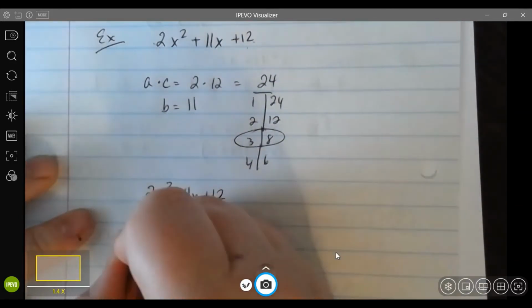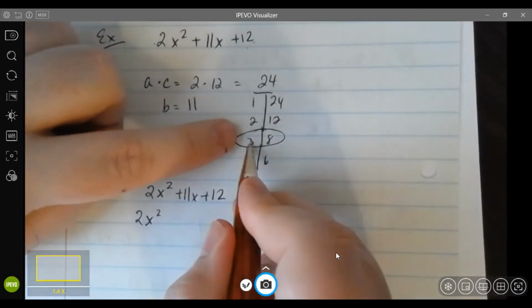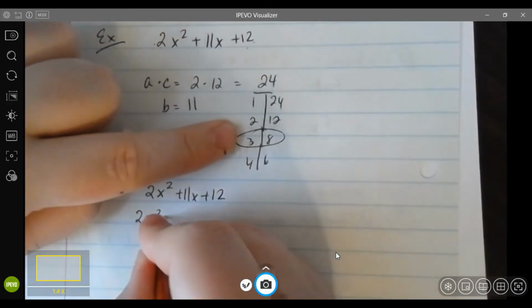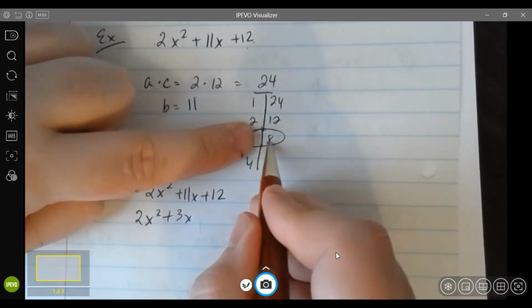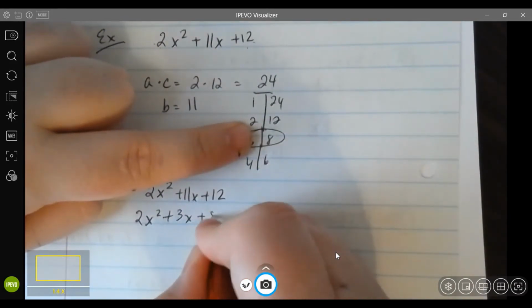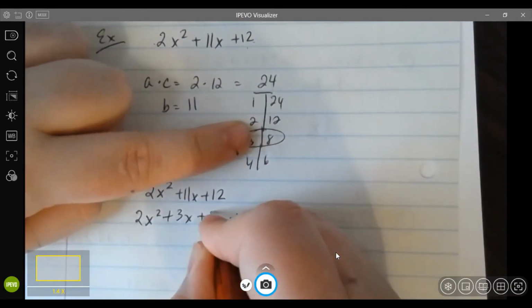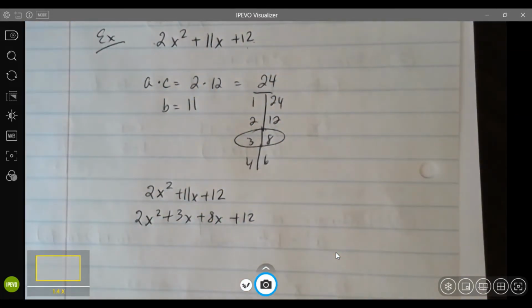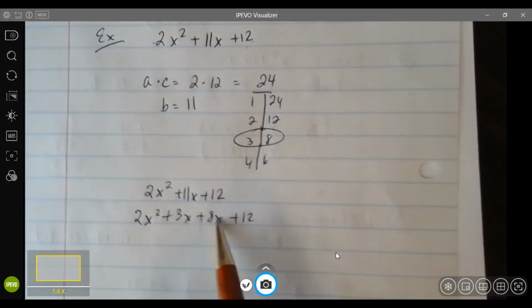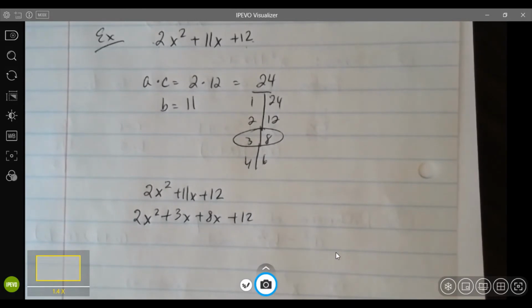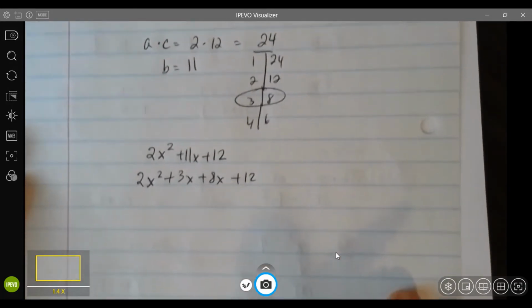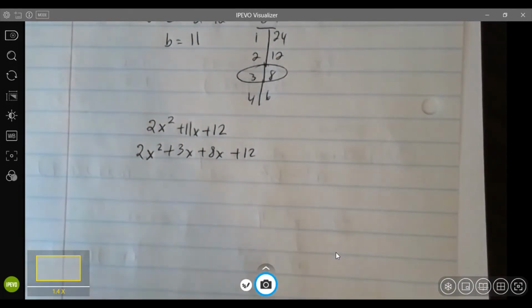So this will be 2x squared plus 3x plus 8x plus 12. What factoring did for us here is it allowed us to split 11 up into two factors that when you multiply, you get 24, and when you add, you get 11.